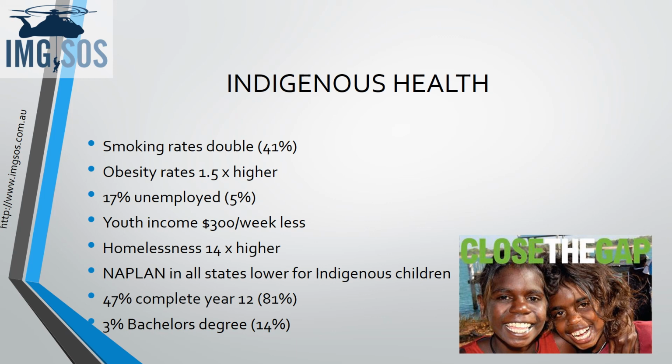And when it comes to holding a bachelor's degree in any field, around 14% of Australians hold a bachelor's degree, only 3% of Aboriginal people hold a bachelor's degree. So the educational disadvantage is strong. On this slide, I haven't discussed things like crime and incarceration, but Aboriginal people are very, very heavily overpopulated in our prison system, which leads to lifelong difficulties, again, with employment, education and income.